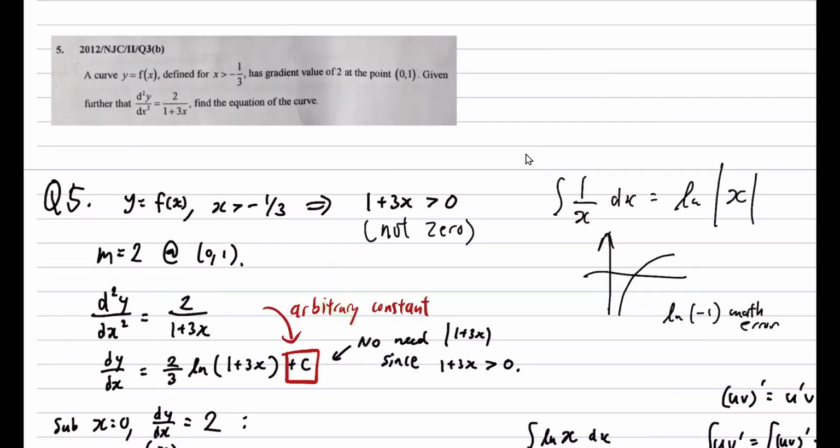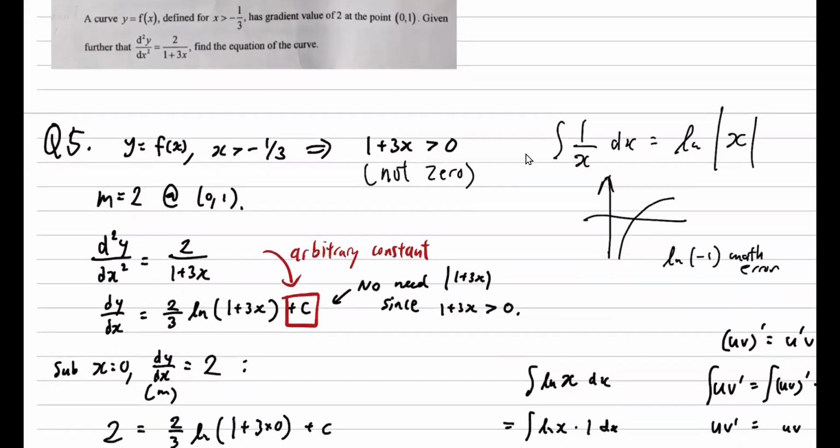Okay, so what is the condition they gave us? They tell us that m is equal to 2 at the point (0, 1). Or in other words, if you just ignore the 1 here, the x coordinate 0 means x equals 0 will give us m equals 2. But if m is equal to 2, we know that dy by dx is really just the gradient function, right? Rate of change.